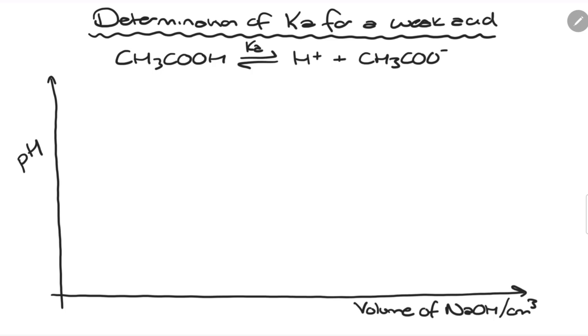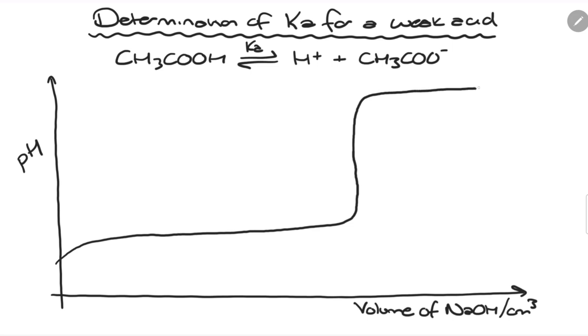Now, what we would experience is typically for a weak acid, it might start off at, say, pH 3, 4, depending on the concentration, and what we would see is that the pH would rise slightly, it would then plateau through the buffer region, and we would then get this typical vertical section whereby we get a rapid pH change which then subsequently starts to level off.